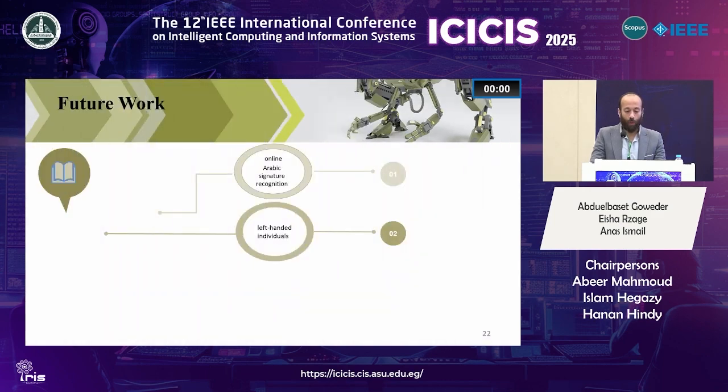So future work is to do a similar approach, but on online Arabic signatures. It will use different techniques. Another future work, which is very common in a lot of similar papers, is to handle left-handed individuals. Apparently, their signature is different if you're using your left hand, and the systems trained on right-hand signatures do not have a high accuracy on left-hand signatures.